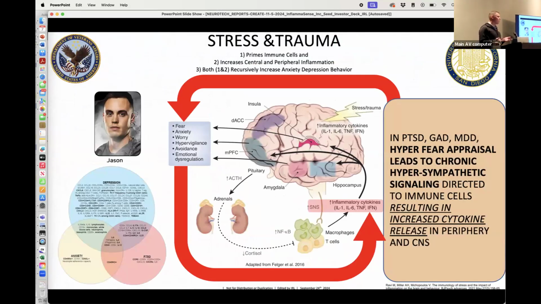This has been borne out in multiple disorders, not just PTSD but depression and anxiety. We see a coalescing of inflammatory signaling that results in release of more stress hormones and more sympathetic output that desensitizes these immune cells to the usual anti-inflammatory effects of vagal output.